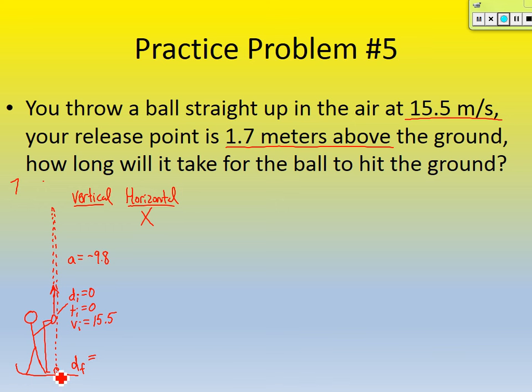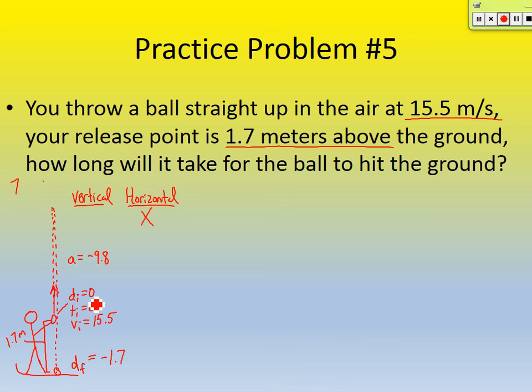Again, from here to the ground is 1.7 meters. But if we're calling this point displacement initial is 0, the ball is going to end up below that point. So I'm going to say that it's a negative 1.7 meters. Again, negative because it's ending up below where we started.